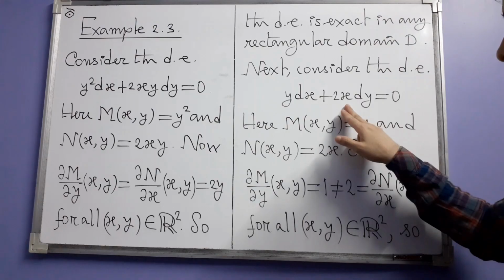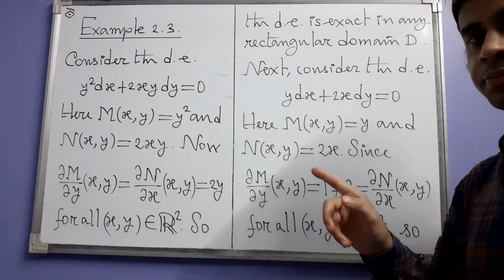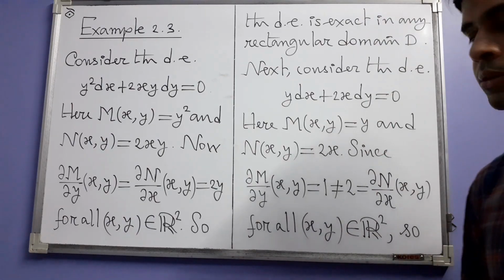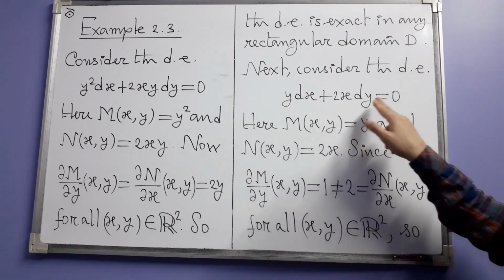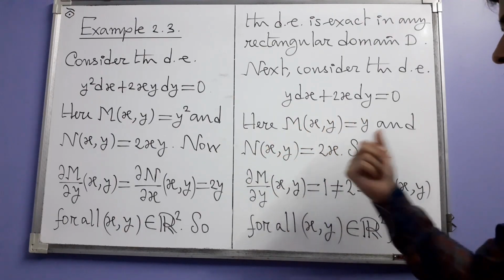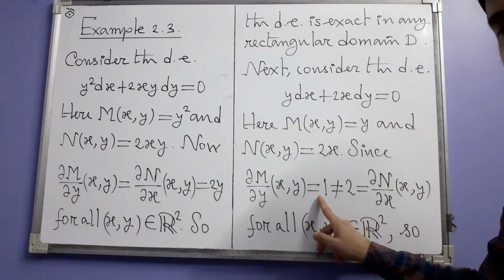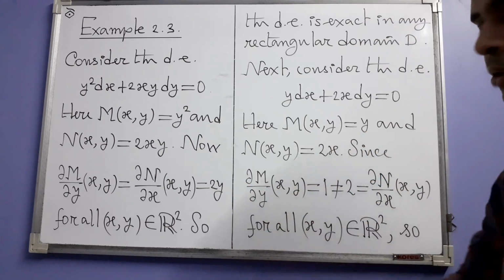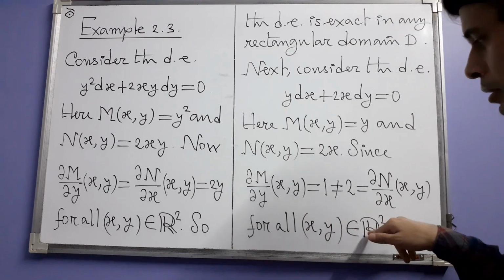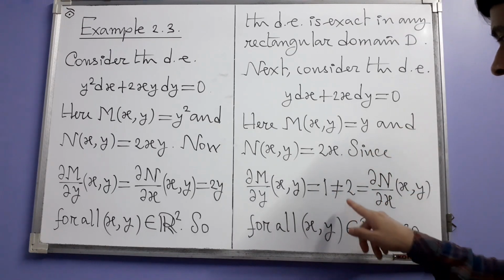So this second equation, you may remember when we discussed these two examples, is not exact, and it is y dx plus 2x dy equal to 0. In this case, M is y and N is 2x. Del M del y is the constant 1 anywhere in the plane. For any x, y in the plane, this is 1, whereas del N del x is 2.